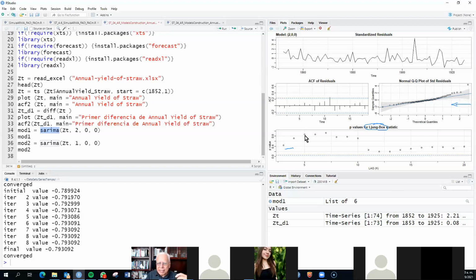So what we want to see are large p-values, because large p-values confirm that we do not have autocorrelation in the residuals. We'll talk more about this.